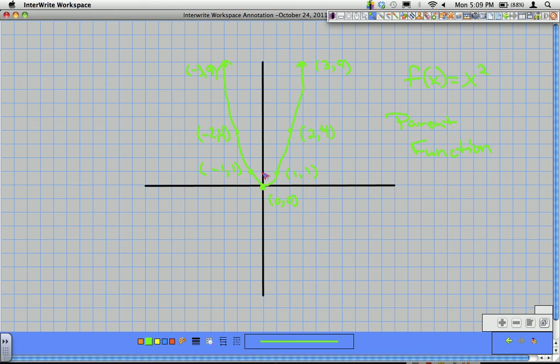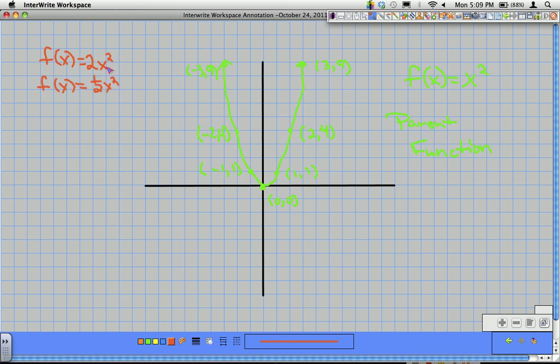Alright, let's take a look at some of our earlier transformations that we've done. And let's switch up our colors here a little bit. A couple of the earlier transformations that we did were, we could have had something like this, f of x equals 2x squared. Or we could have had f of x equals 1/2 x squared.